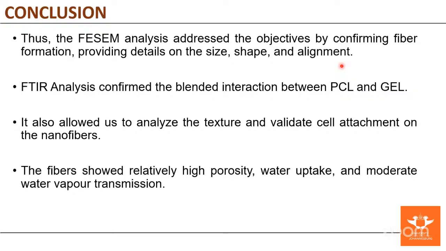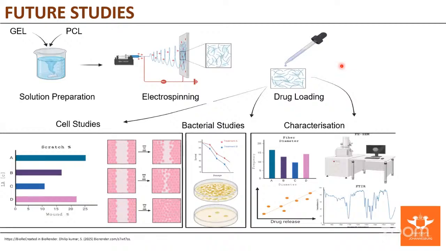It has also allowed us to analyze the texture and validate cell attachment, while the water management studies show that our fibers were relatively porous and they had a high water uptake capacity and a moderate to lower water vapor transmission rate, which brings us to simultaneous studies that we are currently running, including cytotoxicity and our drug studies, which bring the whole picture into a complete view.